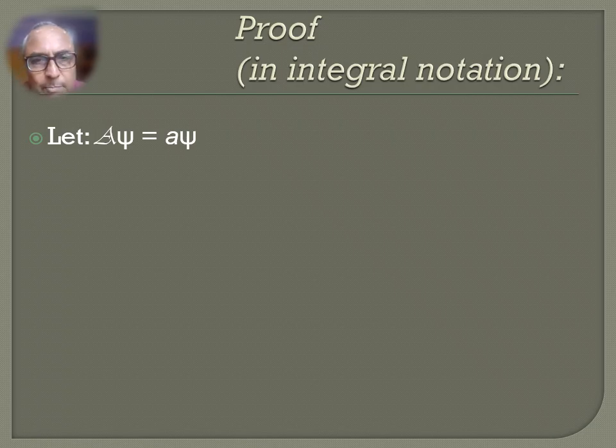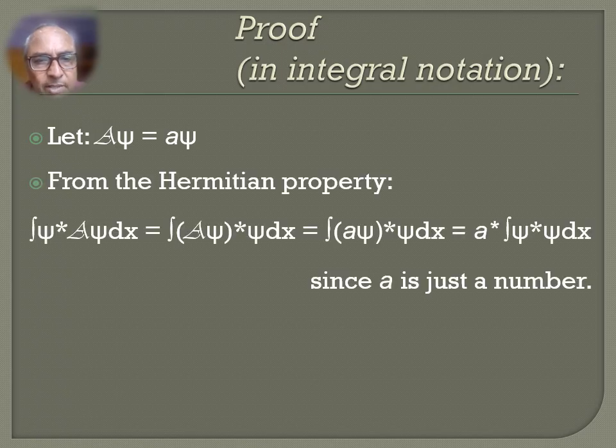Let's outline the same proof in integral notation. So we let A operating on psi be equal to small a times psi. From the Hermitian property, we see that the integral of psi star A psi dx is equal to the integral of (A psi) star times psi dx, which is equal to the integral of small a psi star times psi dx, which is equal to a star times the integral of psi star psi dx.